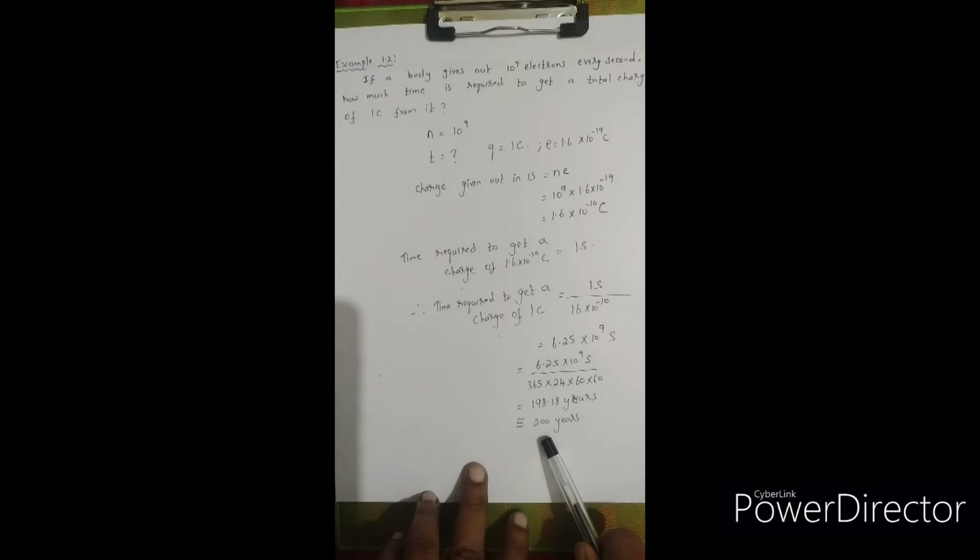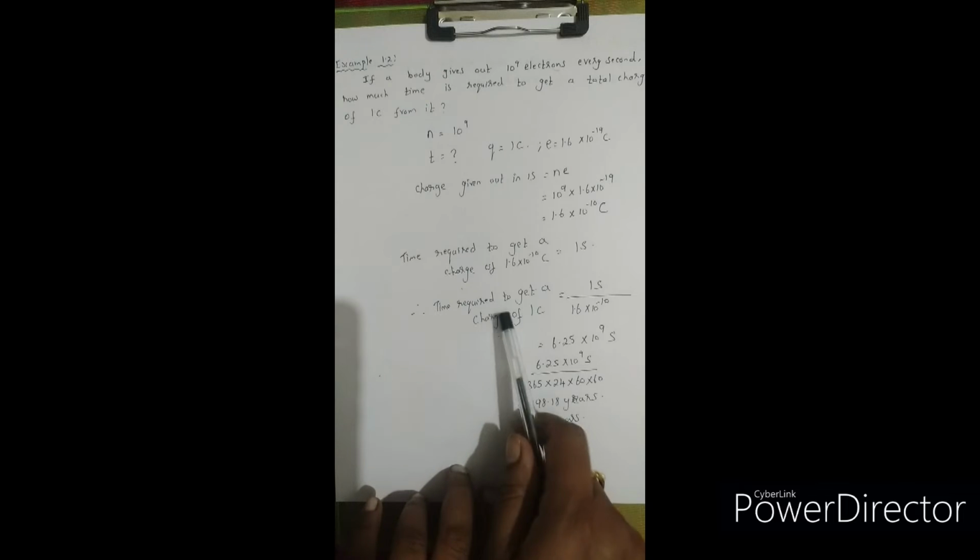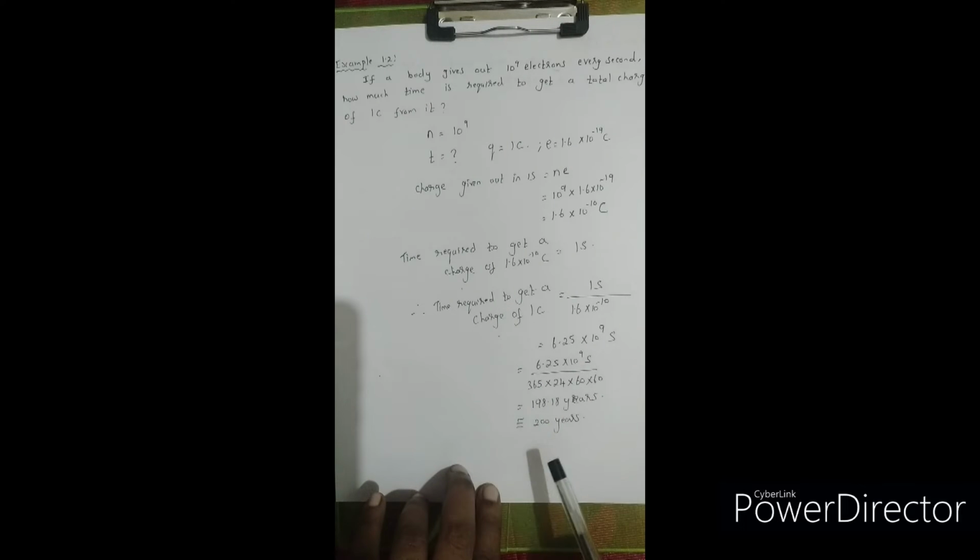We always go for 1 microcoulomb, 1 millicoulomb, 1 nanocoulomb. In order to get a charge of 1 coulomb, 200 years is required. So this itself proves that 1 coulomb is a very large amount of charge.